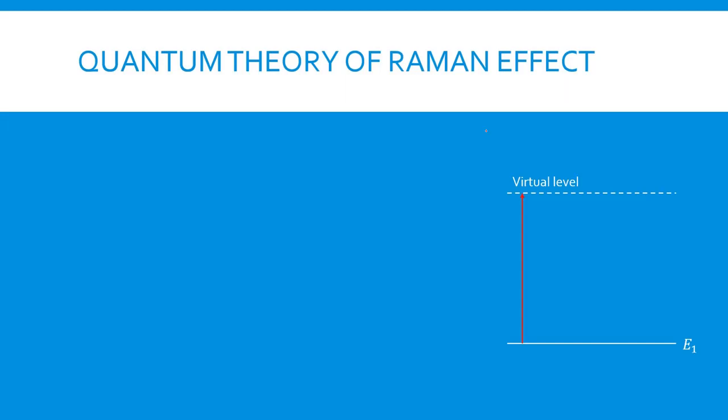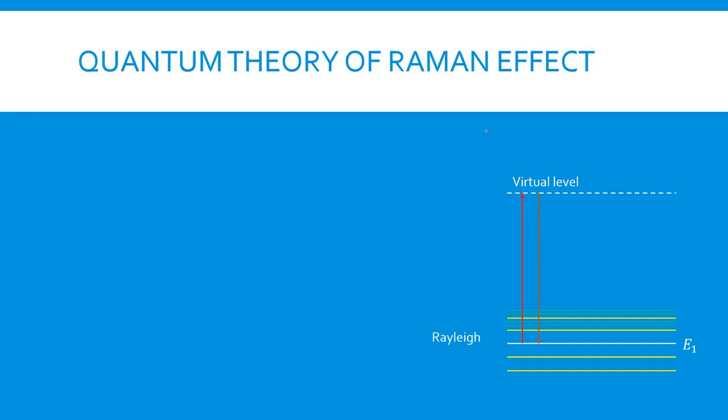Every electronic state is composed of different vibrational energy states, and every vibrational energy state in turn is composed of different rotational energy states. So the electron excited to the virtual level has to decay to the energy level E1, but it can decay to any of the vibrational or rotational levels of E1.